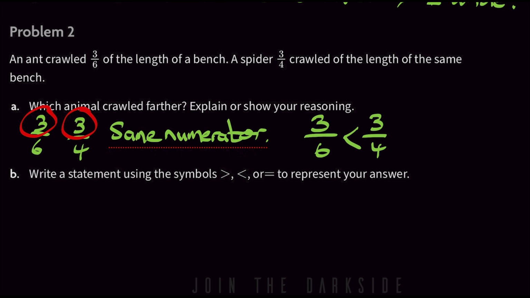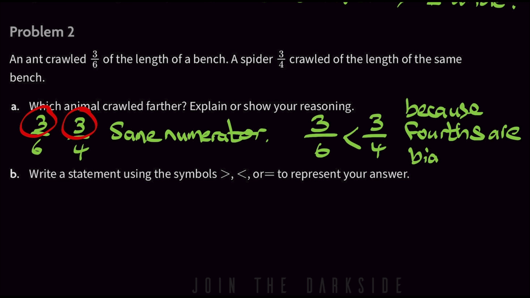Why? As I said, because sixths are smaller than fourths, or fourths are larger than sixths, and since they have the same number of pieces, 3/6 is going to be less than 3/4. And for my explanation with the sign, I've already done that.